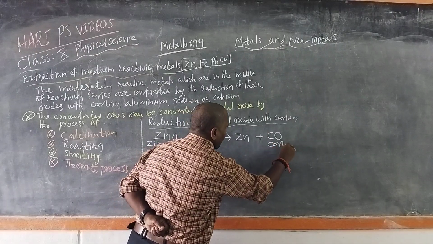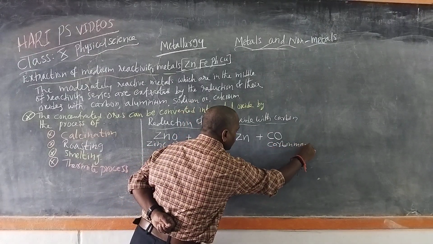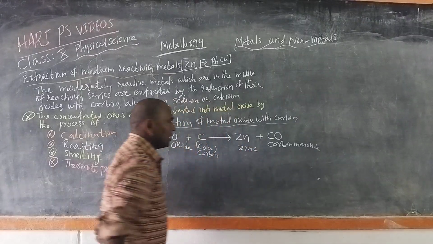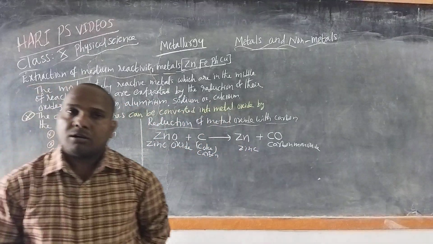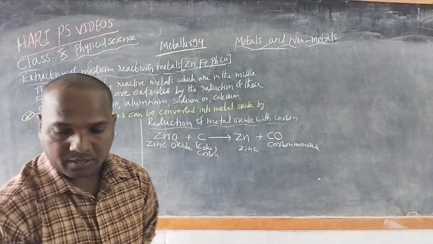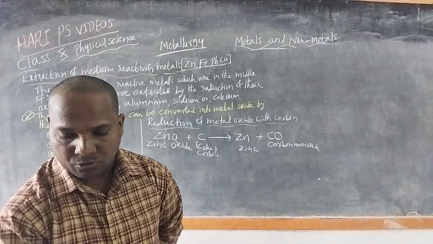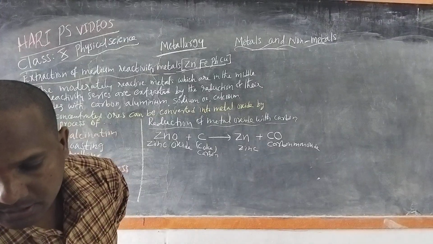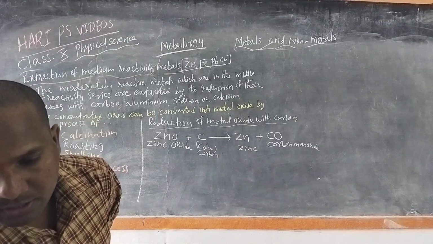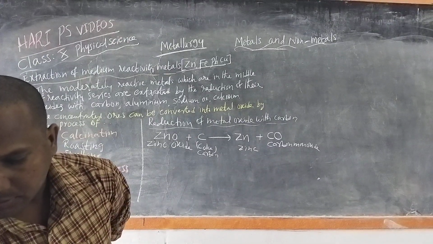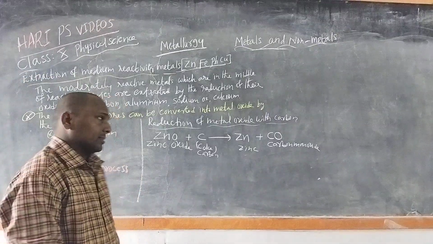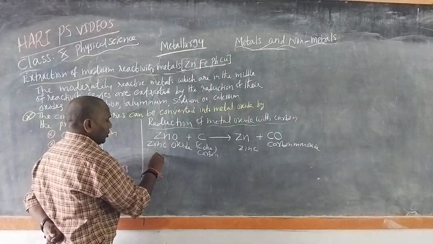Carbon monoxide and zinc are formed. Zinc oxide is a metal oxide, and its ore name is zincite.